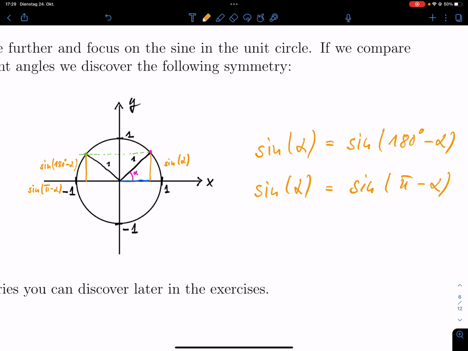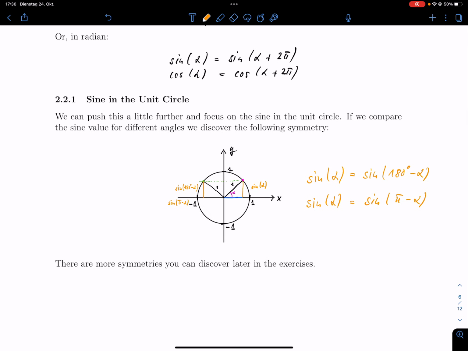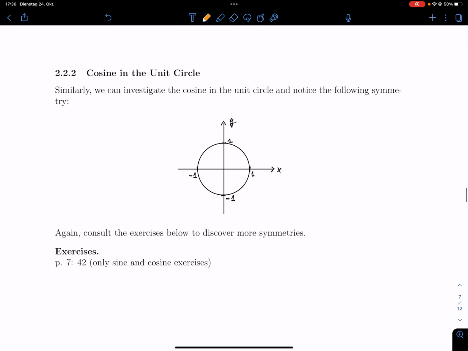This is important because you often find one solution with the calculator and the other solution you have to calculate yourself. So let's say in a particular problem you find out that alpha is 30, well, then the other solution would be 180 minus 30, which is 150, and you have to find that yourself.